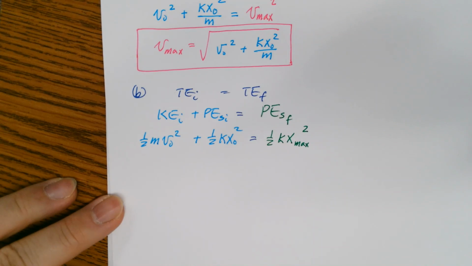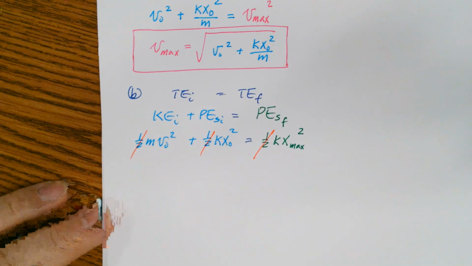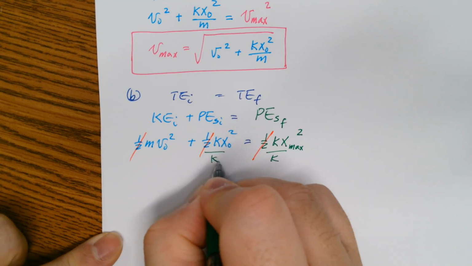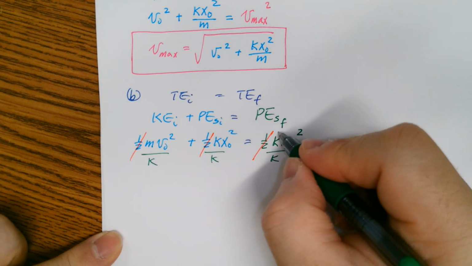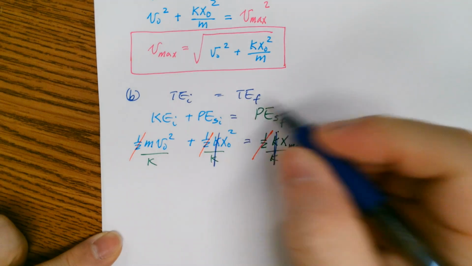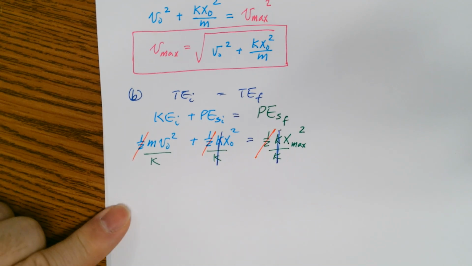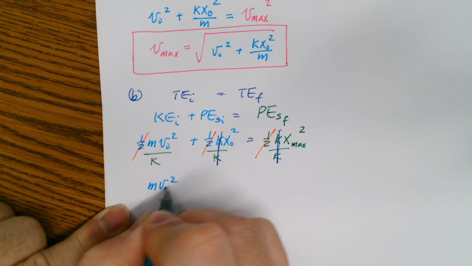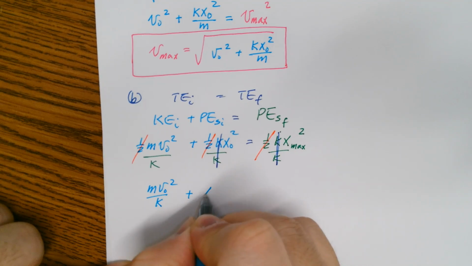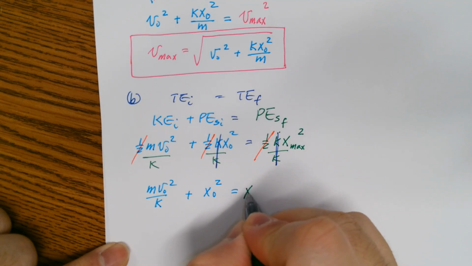Therefore, again, I can cancel out my 1/2s and divide both sides by k. So this will cancel out to 1, this will cancel out to 1, and this will also cancel out to 1. So here I have m v naught squared over k plus x naught squared is equal to my x max squared.